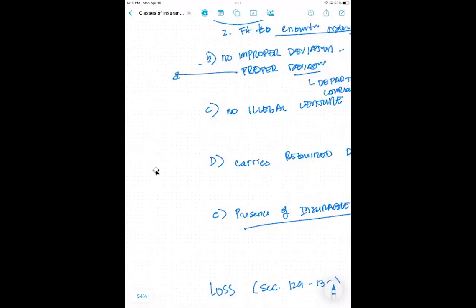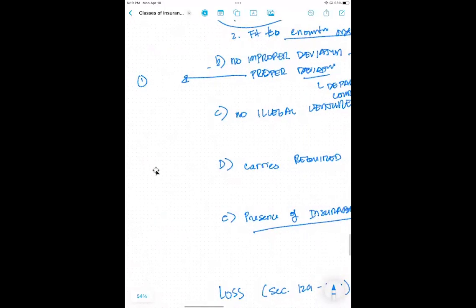There are actually 5 instances wherein deviation is deemed proper. Number 1, when the deviation is caused by circumstances over which the owner has no control. So let's say for example, for some reason, hindi dumiretso yung voyage, napunta sa... napanood nyo ba yung the Poseidon?